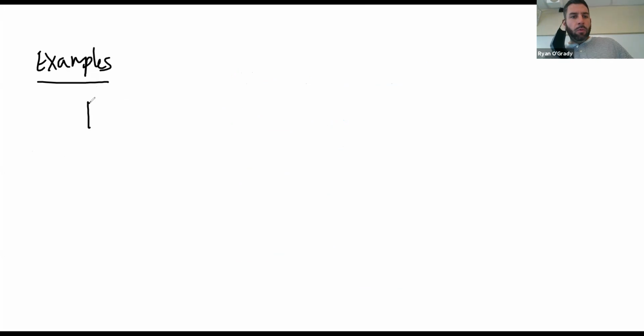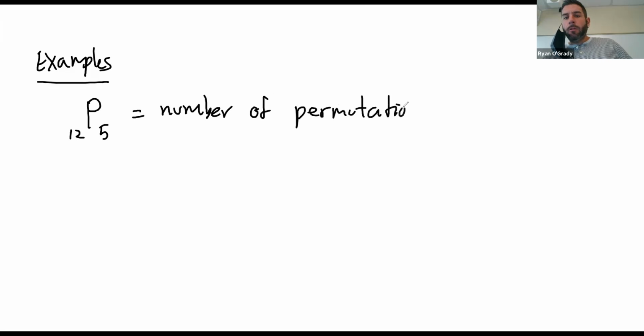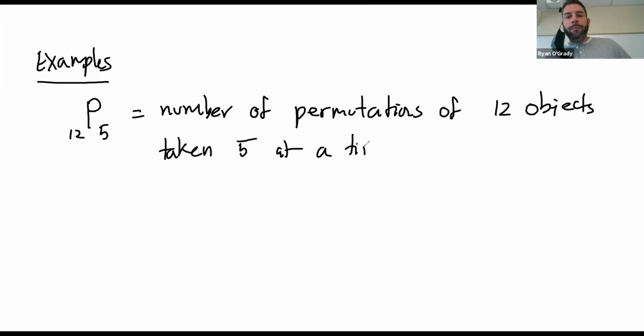So for example, P of 12 sub 5, what does this mean? This equals the number of permutations of 12 objects, whatever those objects are, taken 5 at a time.